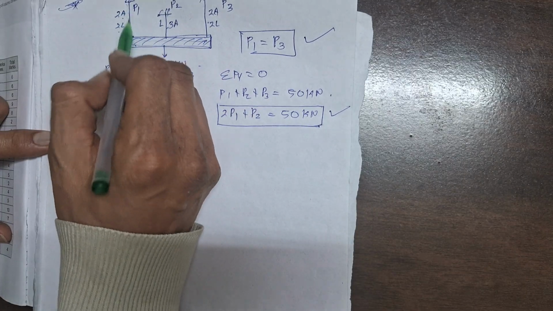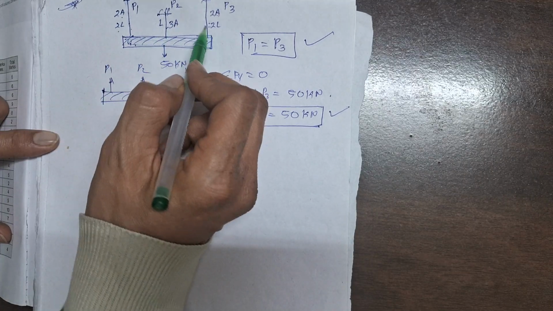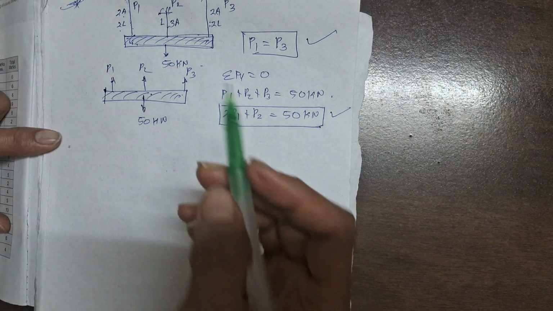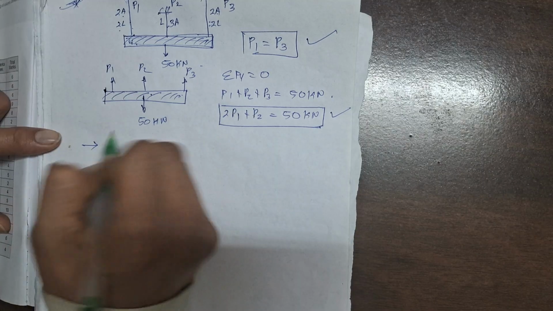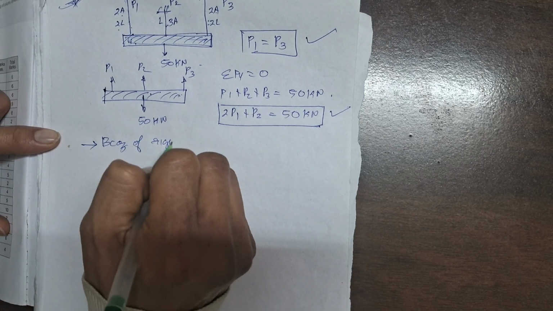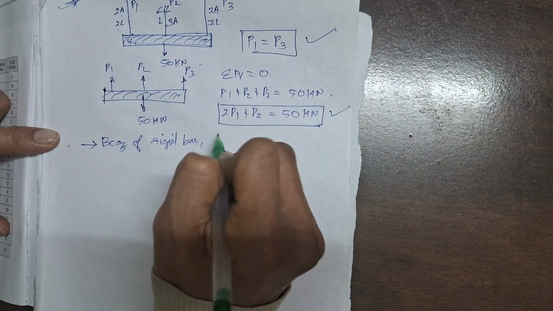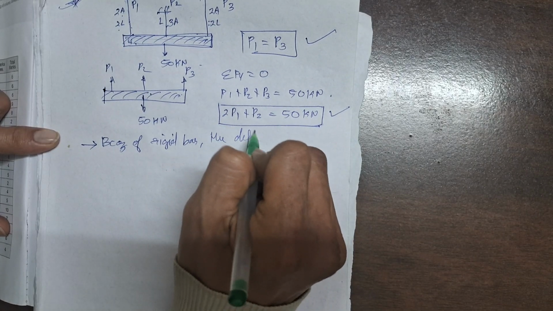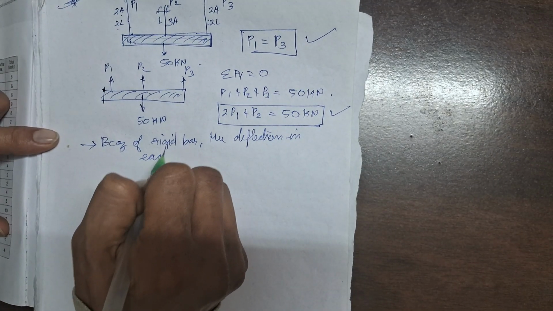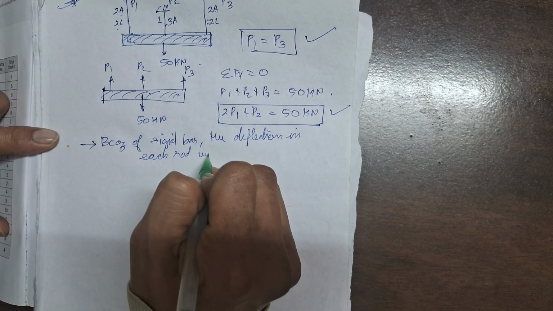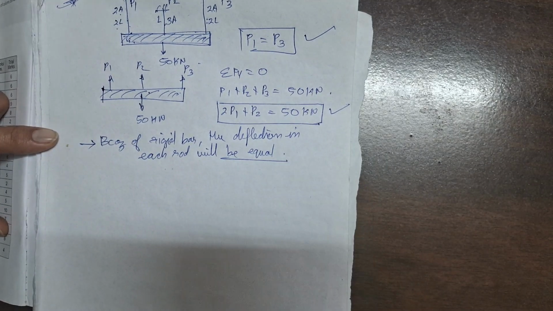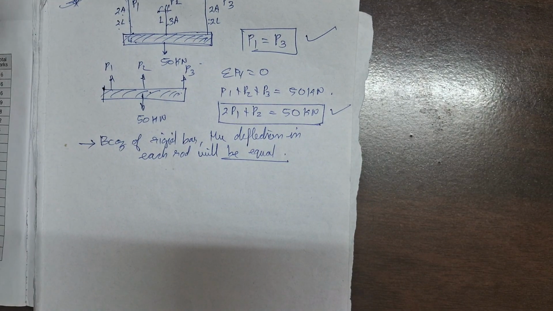This is the first rod, this is the second rod and third rod, so there will be some deflection, but remember one thing: because of the rigid bar, the deflection in each rod will be equal.